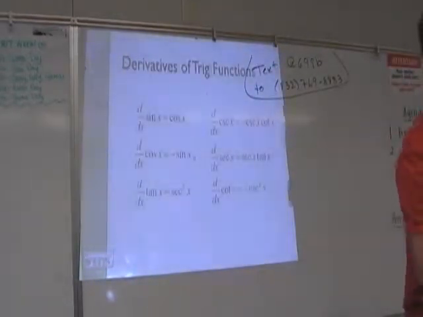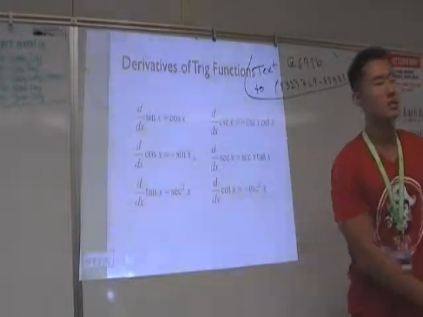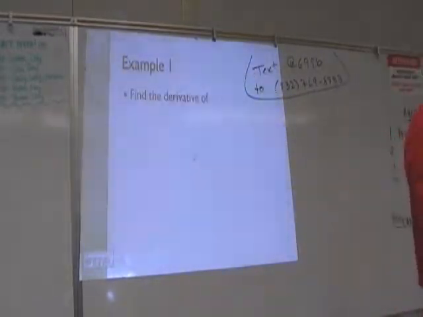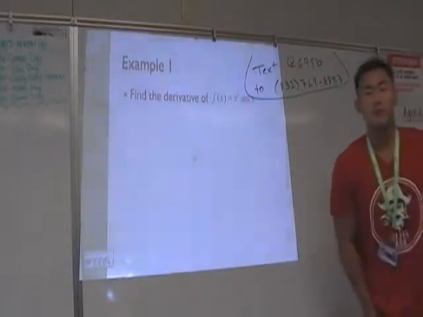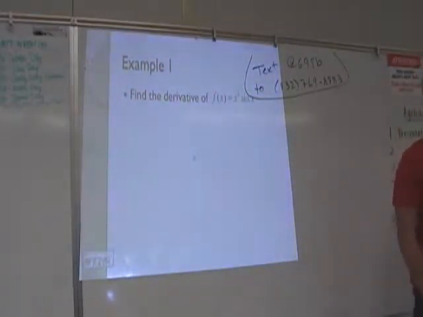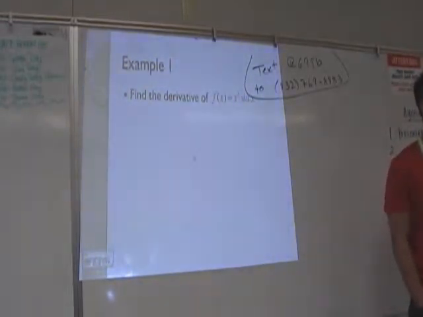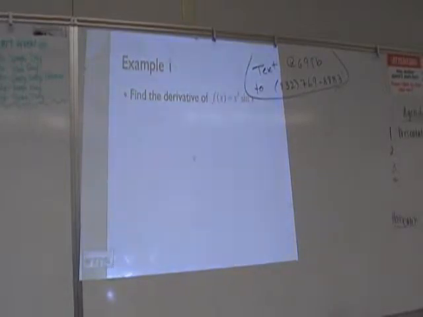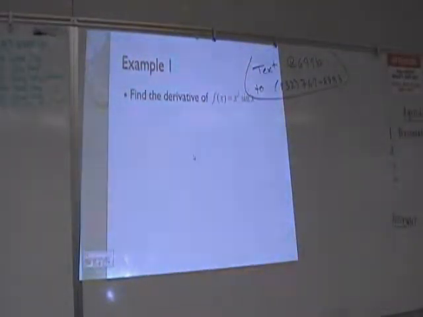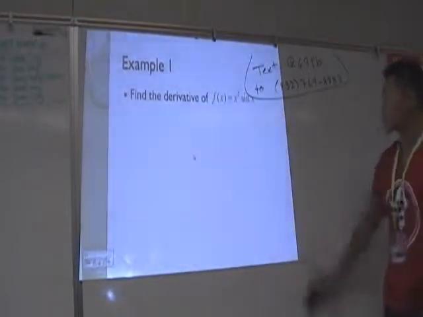Any questions here? Good. Find the derivative of x squared sine of x. So what's going on between x squared and sine of x? What operation? Yeah, it's multiplication.